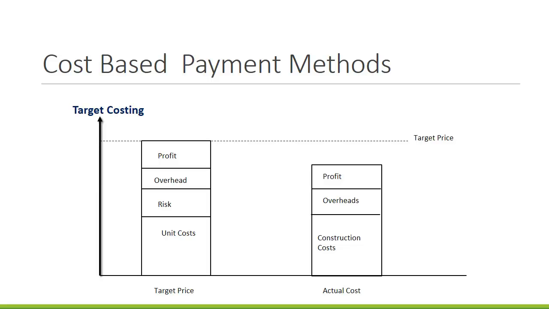So let's say the target cost was 1 million, and when we look at the second part of this figure, the actual cost is lesser than the target cost. For example, we did not encounter any risks on the project, so that cost was saved. Now this gap between the target cost and the actual cost, this amount of money is shared between the client and the contractor as per their initial agreement.